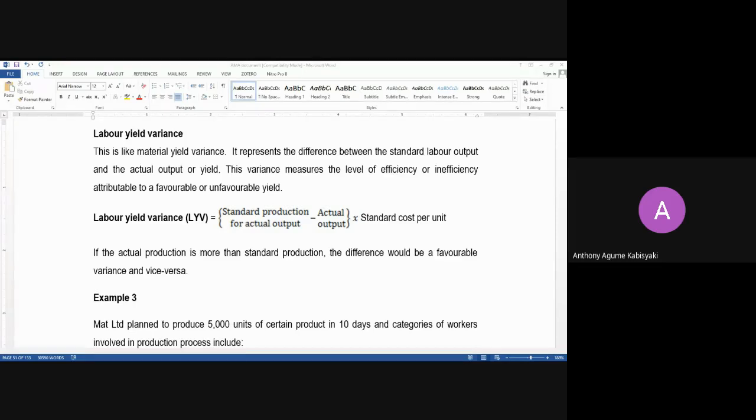So you rephrase that statement to bring out the vice versa. When you say actual production will be more, vice versa means that it will be less. If you say actual production will be more than standard production, vice versa will mean that standard production will be higher, will be less, and actual will increase.